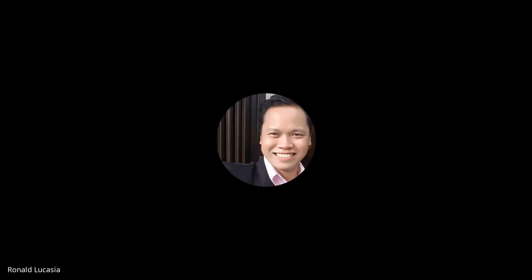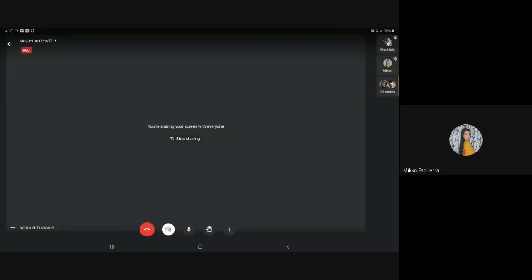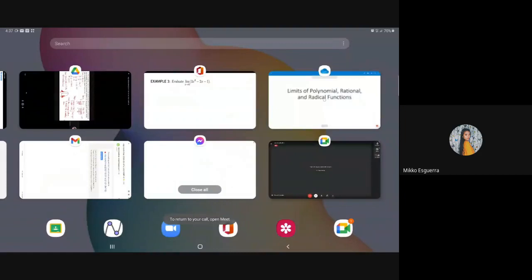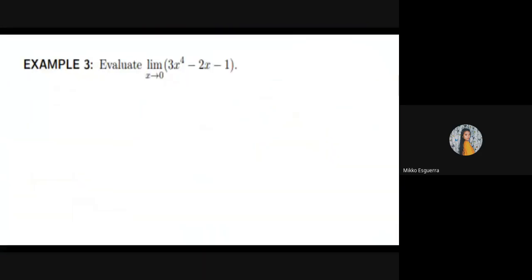Now, going back to my explanation, why do I need to answer or solve the limit using the limit theorem, where in fact there is a shortcut method? The answer is when you go to college and you have your advanced subjects like advanced calculus, integral and differential calculus, your professor will ask you, why is it that the answer to this is -1? The explanation there is just the limit theorem.